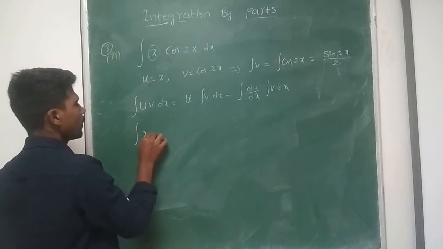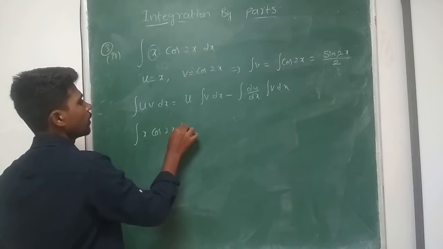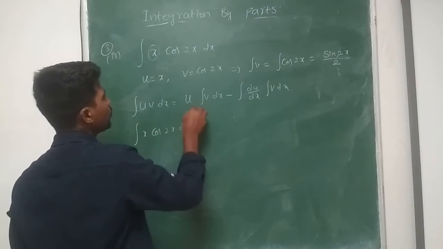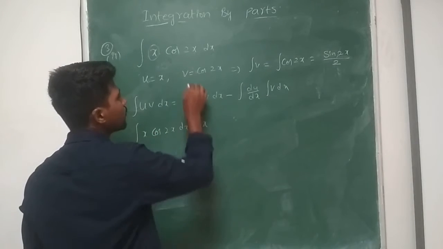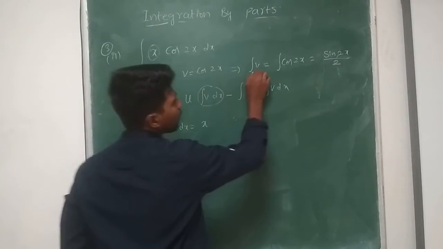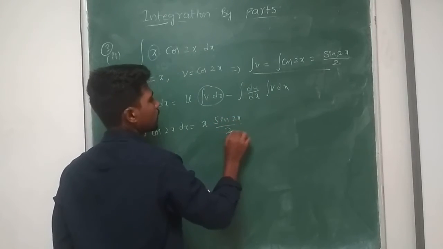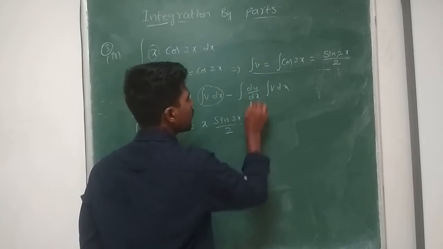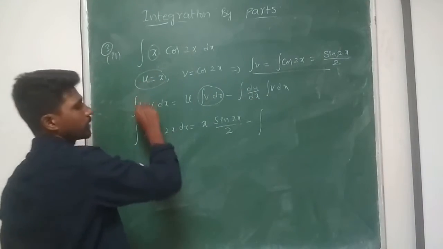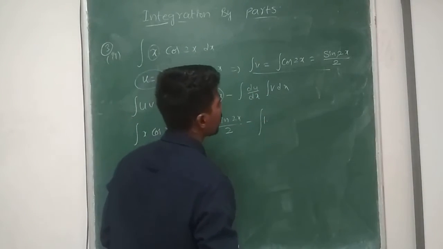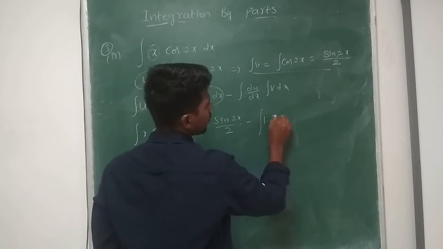So integral of x cos 2x dx is equal to u, which is x, times integral v dx, already found as sin 2x by 2, minus integral du by dx, the derivative of x with respect to x, which is 1, times integral v, sin 2x by 2.